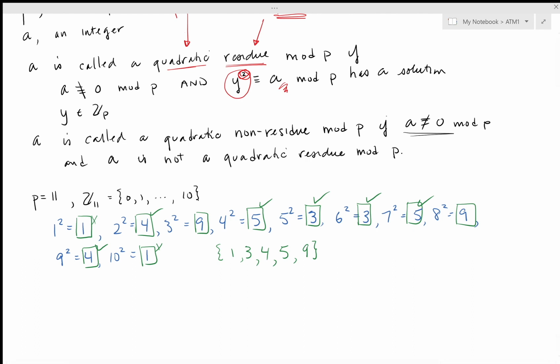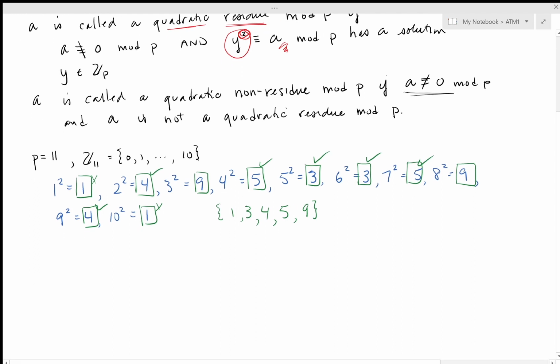Okay, you notice that of all the numbers in Z11, 1 through 10, I didn't get them all. It's not the case that all of them showed up. I'm missing 2, I'm missing 6, I'm missing 7, I'm missing 8, and I'm missing 10. So some numbers are missing.